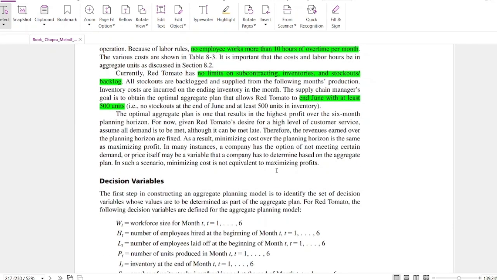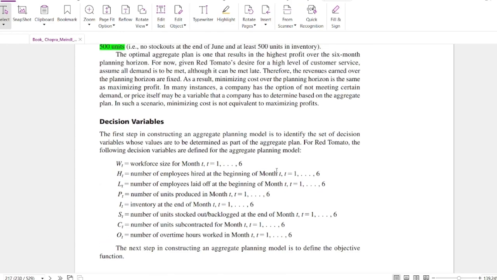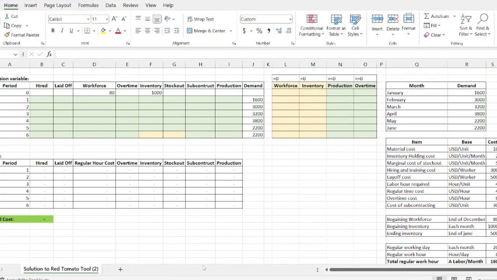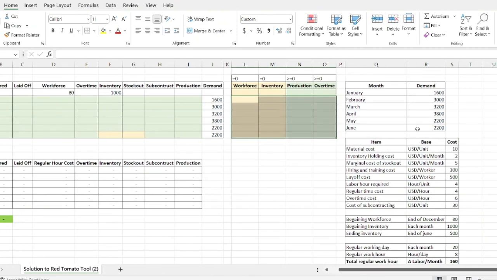These are the points. I have taken it into an Excel format. This is the Excel format. I have taken the demand here, January to June.